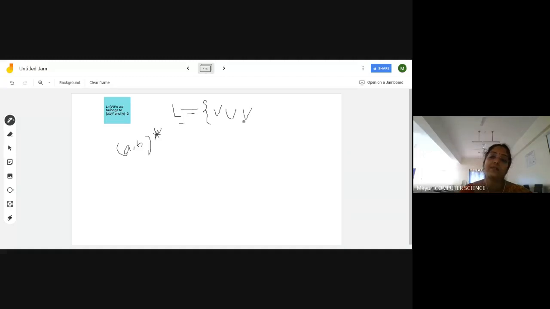Each is a string. V is a string and U is a string. This V is a set of all strings over A, B and U is also a set of all strings over A, B.